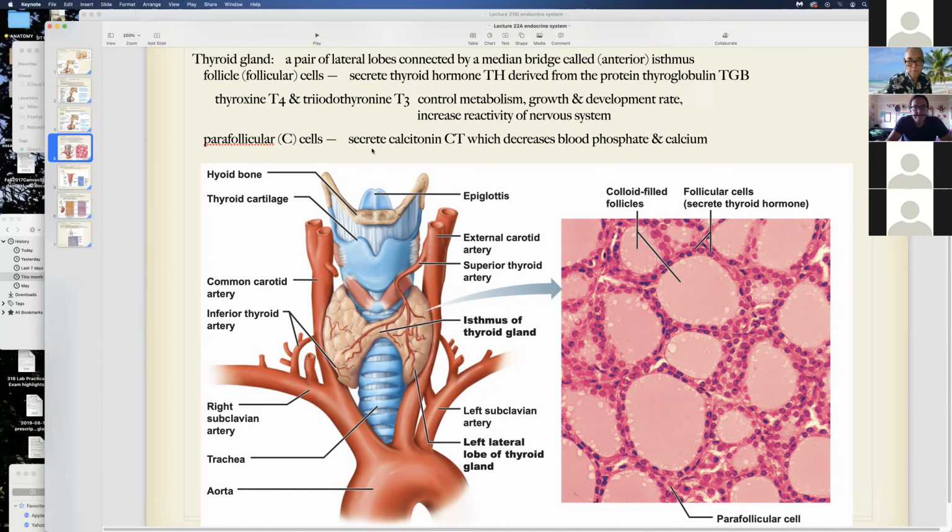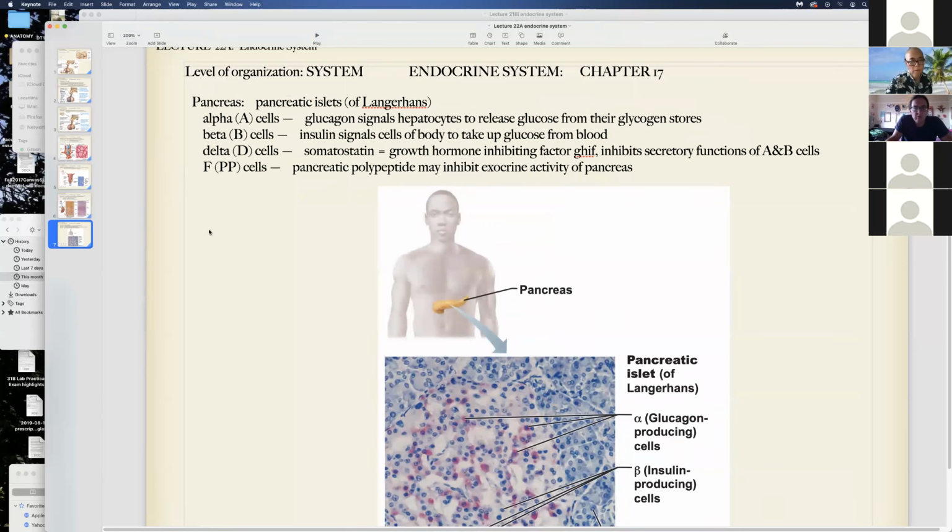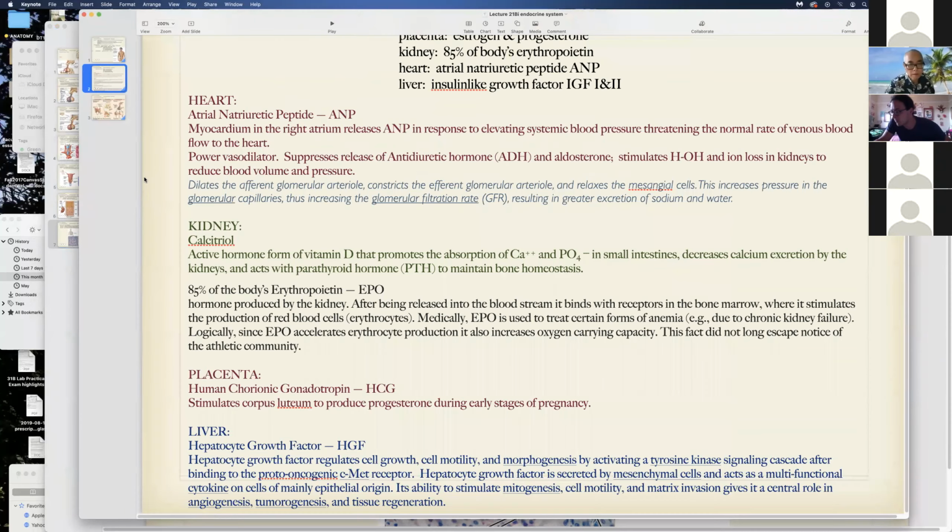Calcitonin is one of those hormones. Calcitriol from the kidney.